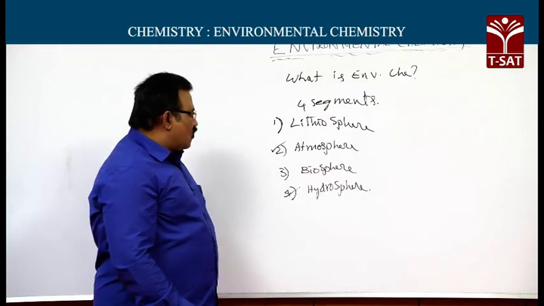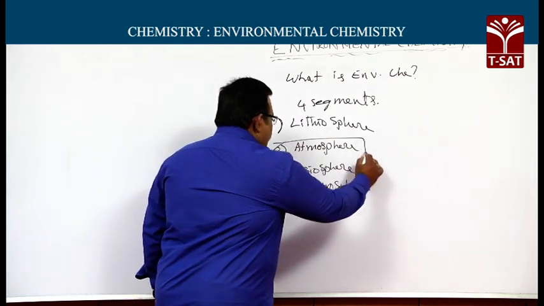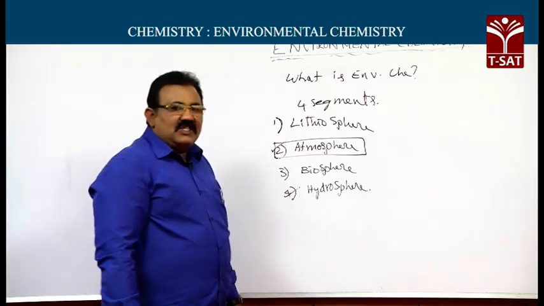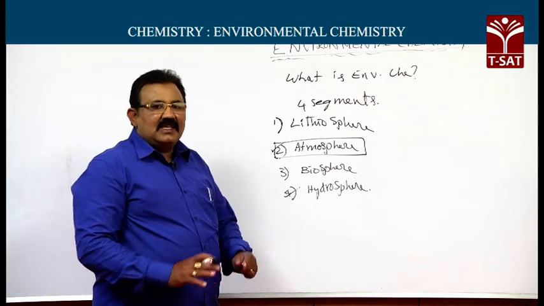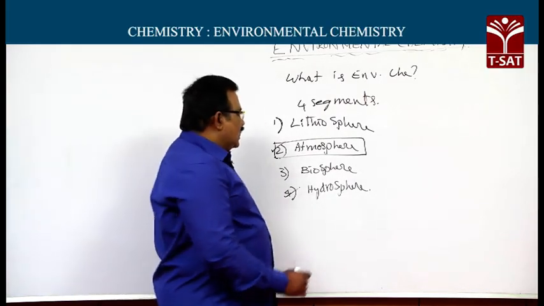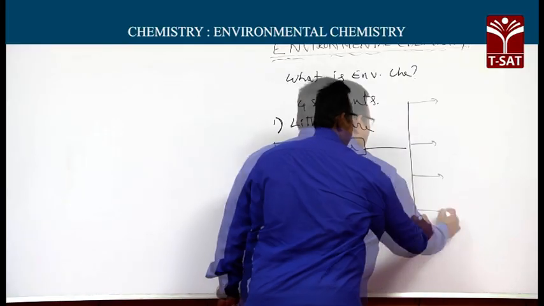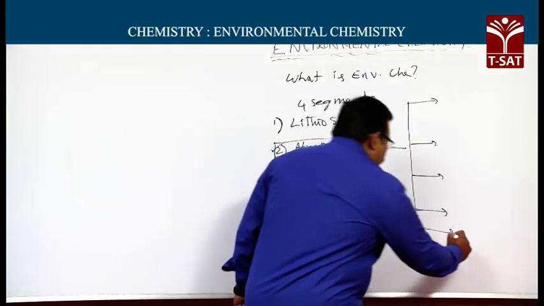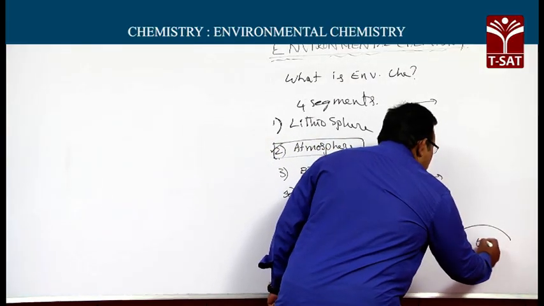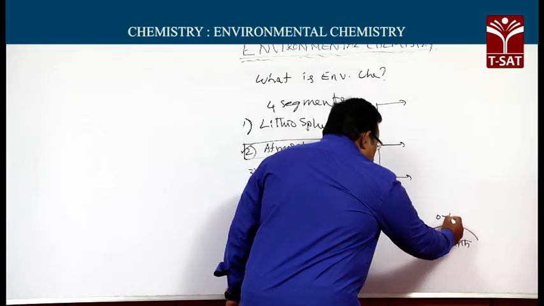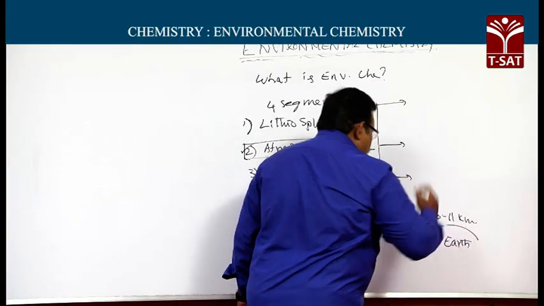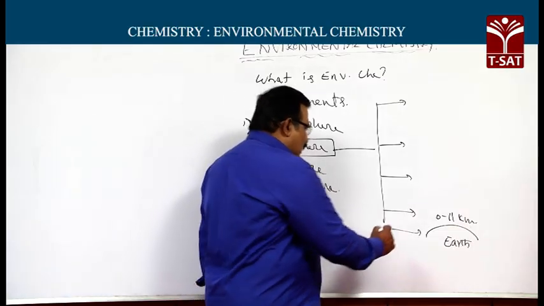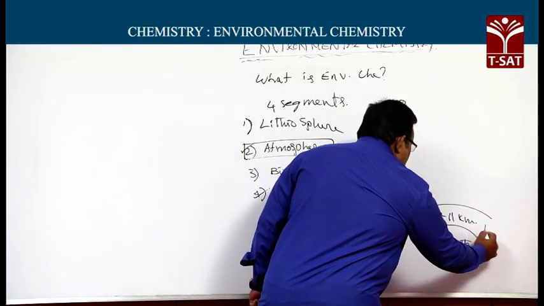So let us talk about the atmosphere. This atmosphere consists of several parts. Let us see the atmospheric parts. Suppose this is the earth: from 0 to 11 kilometers height from the Earth's surface, the troposphere is present.